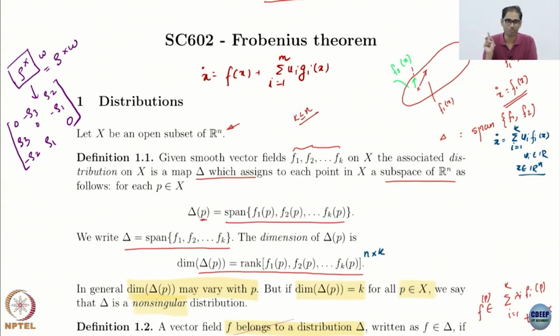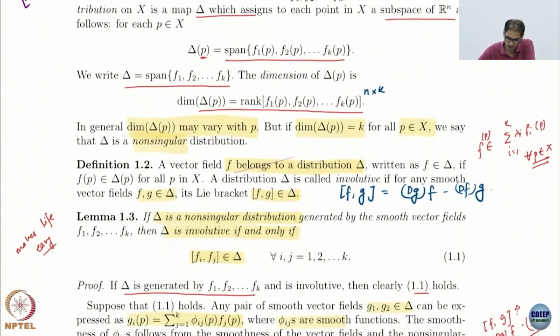Instantaneously, remember I said instantaneously. So I can't move sideways, because the system prevents me. So if you write the dynamics carefully and you compute all these Fi's, you will find the distribution does not contain this orthogonal vector. Anyway, that's the motivation for talking about distributions and non-singular distributions.